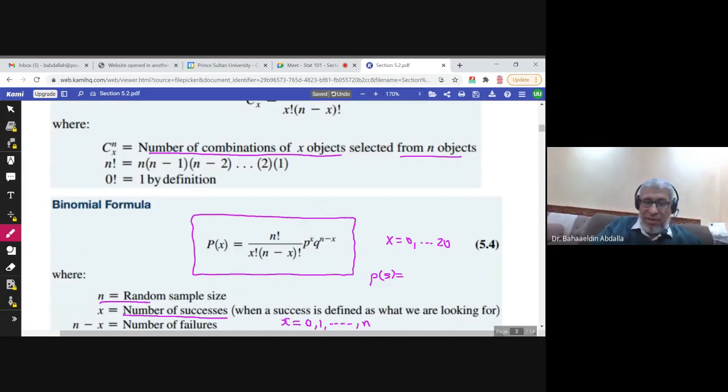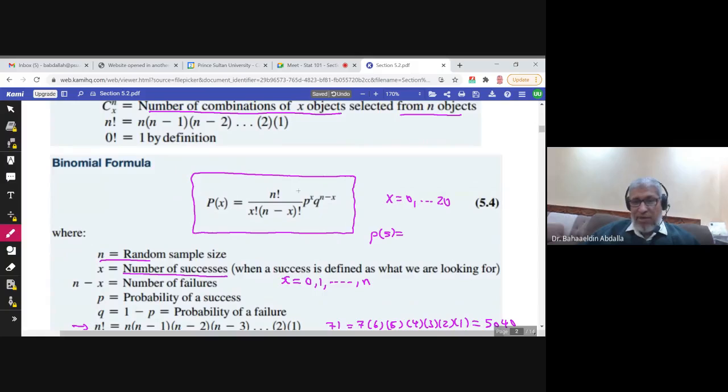So here we have NCX. N here is 20, X is 5. So I have 20C5 times P, the probability of success. We said that 40% are not Saudis, so 60% are Saudis, so P is 0.6.